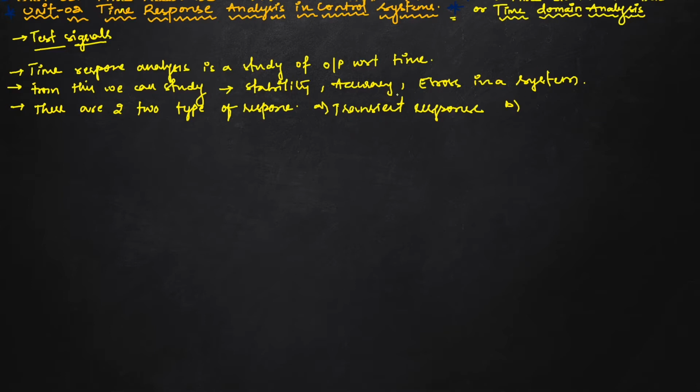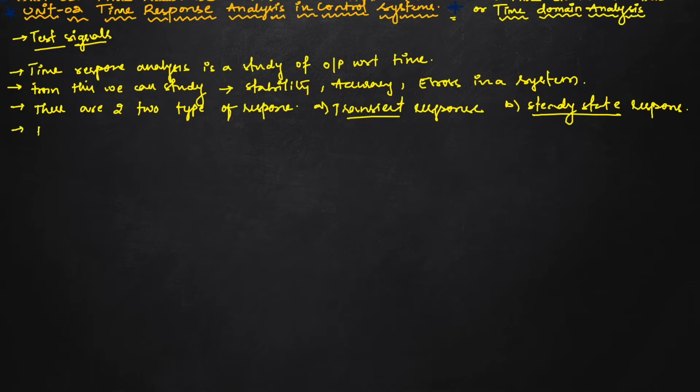Now let us see the transient response from the control systems point of view. The other one, at t equals infinity, we call the steady state response. So in time response analysis we have two responses: the transient state, which is at the very beginning of the system, and the steady state at t equals infinity.